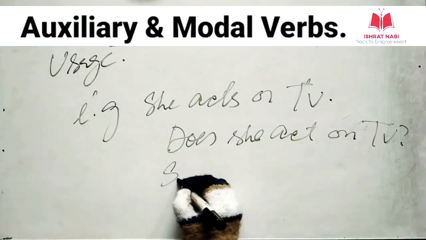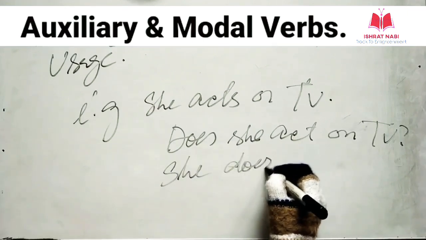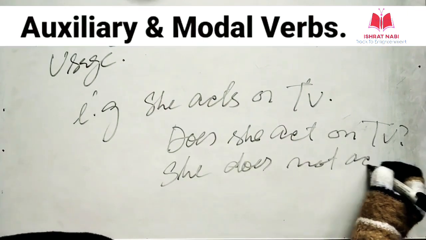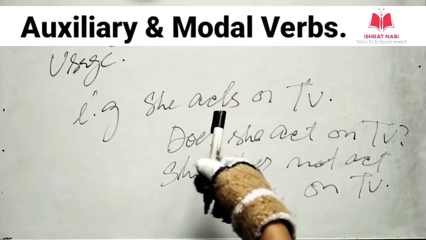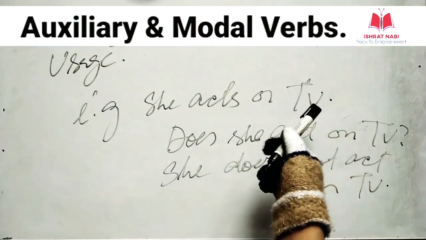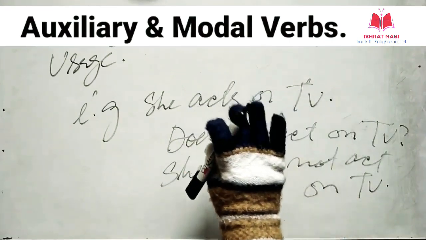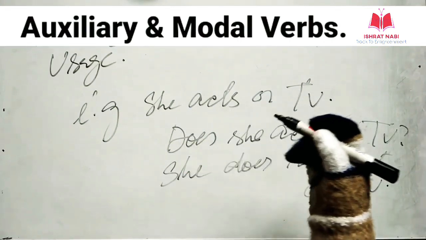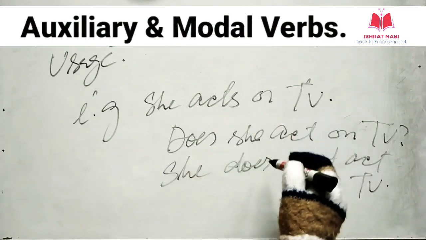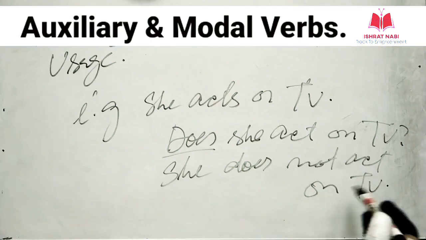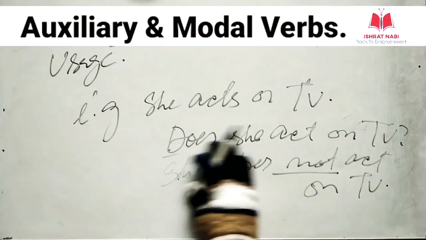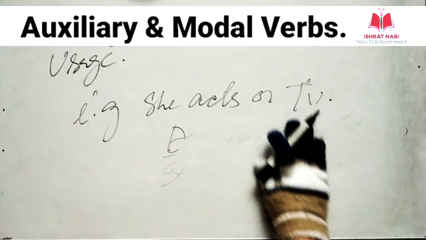And she does not act on TV. So here you can see that she acts on TV is in the simple present tense. I converted it into a question, does she act on TV, and a negative, she does not act on TV. So this was all about auxiliary verbs.